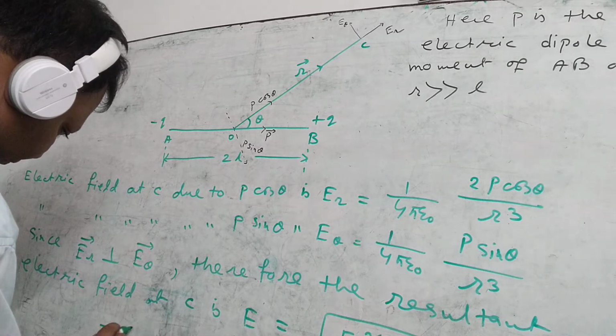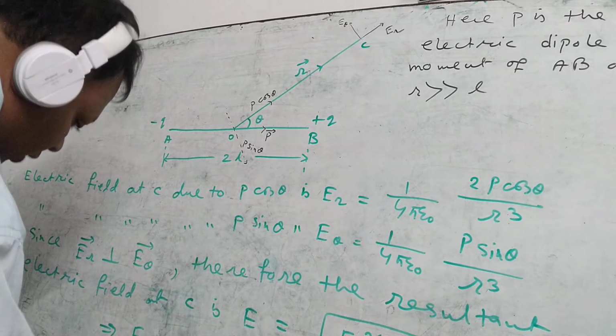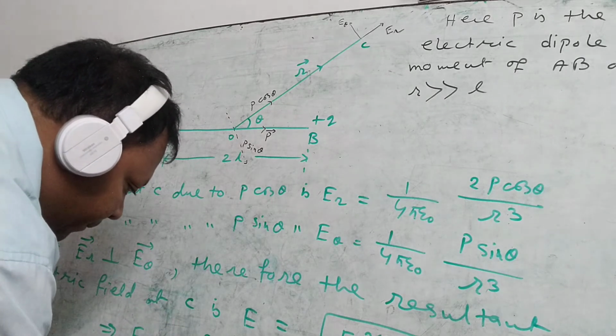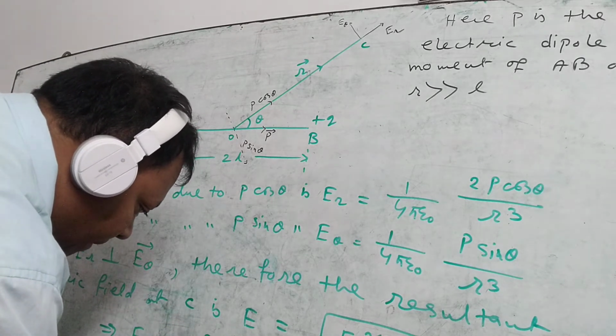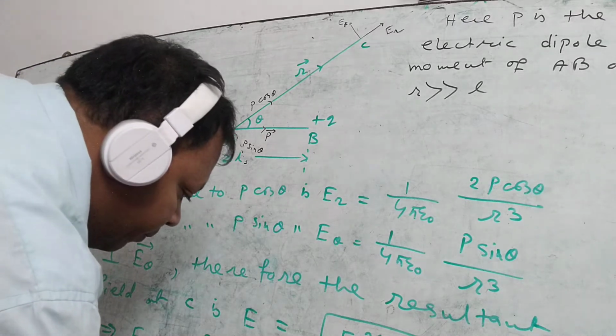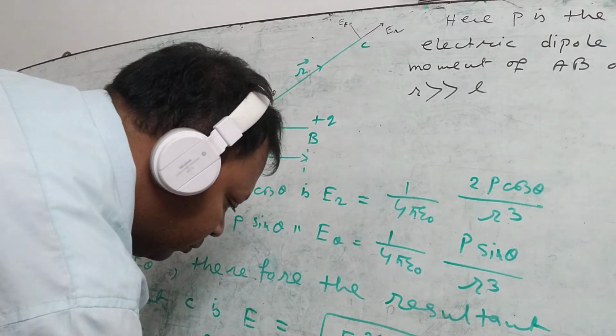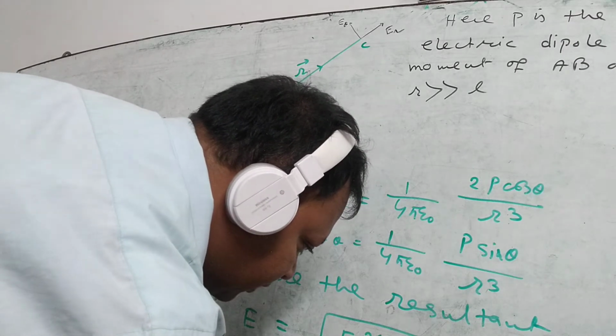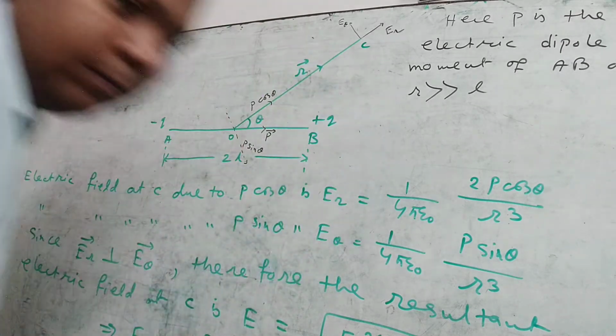This gives E is equal to P by 4 pi epsilon 0 r cube under root of (2 cos theta) whole square plus sin square theta.